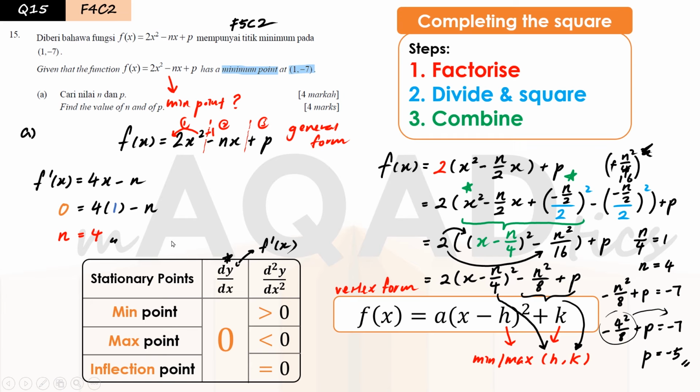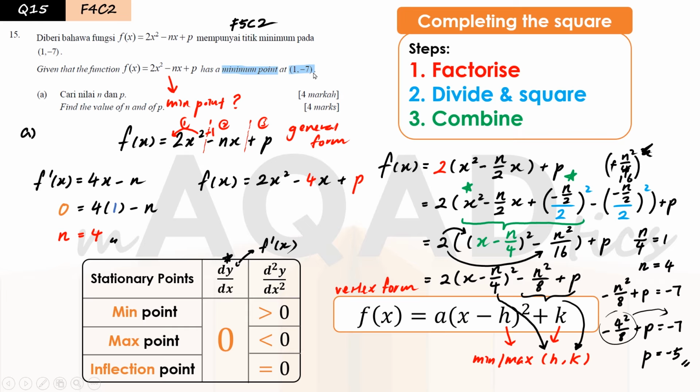Okay, so once we have the value of n already, and we have the coordinates of the minimum point, why don't we use all of these values to substitute into the original function to find out the value of p. So here I substituted the value of n, which is 4.